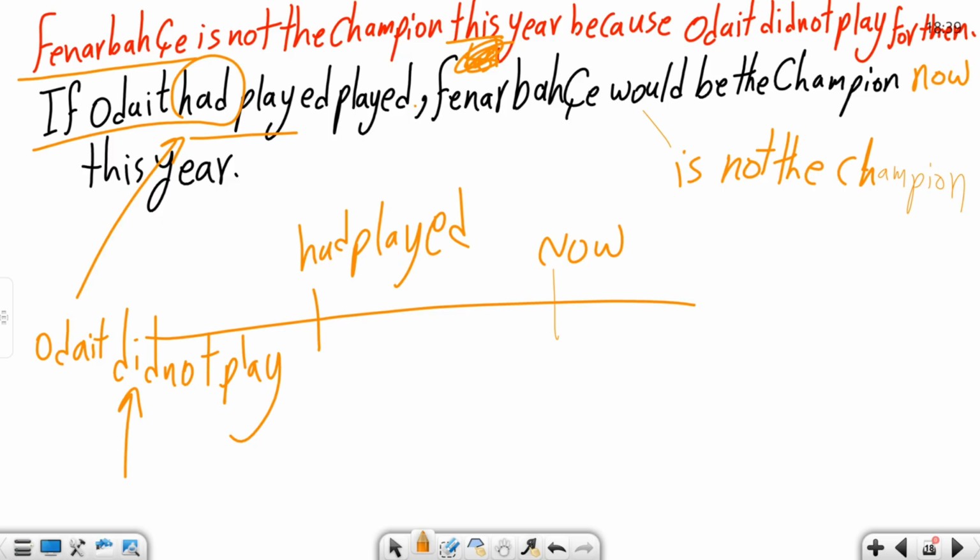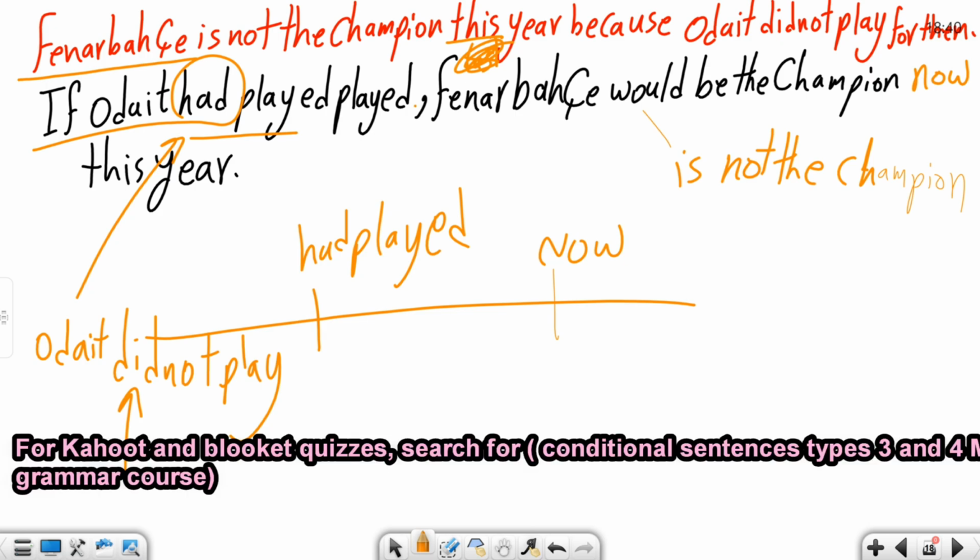I have met a lot of English teachers, and I asked them innocently about this type of conditional sentence, but I received no answers from them. Some of them denied even knowing that there are 5 types of conditional sentences. A lot of them told me, we know that we have type 0, type 1, type 2, and type 3 maximum. That's why, my friends, I concentrated in this video on this type.